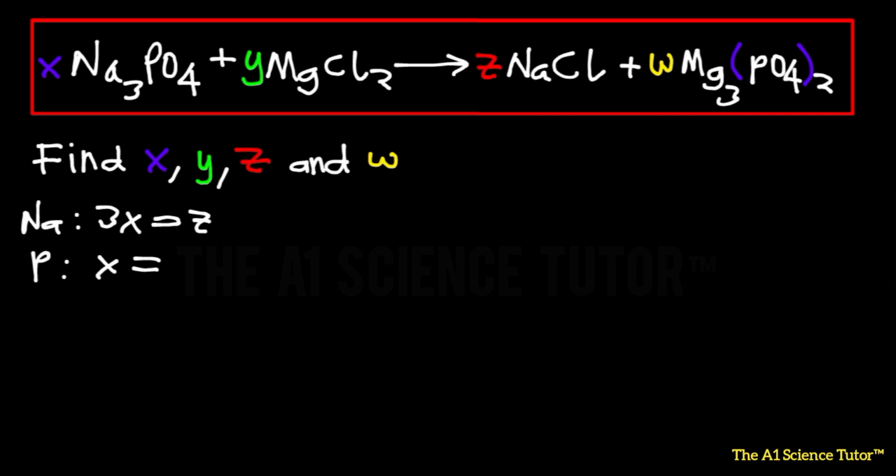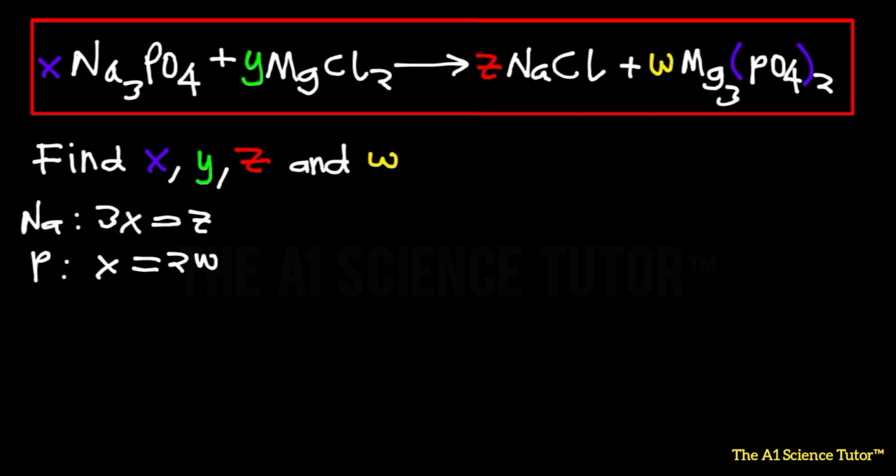So in this case, we have phosphorus to be 2. Oxygen is 4, but that will be multiplied by 2, and that gives you 8 for oxygen. But right now, we're just focused on phosphorus, so that will be 2. Now, in front here, we have W, so we're going to have 2W, and that's pretty much it for phosphorus.